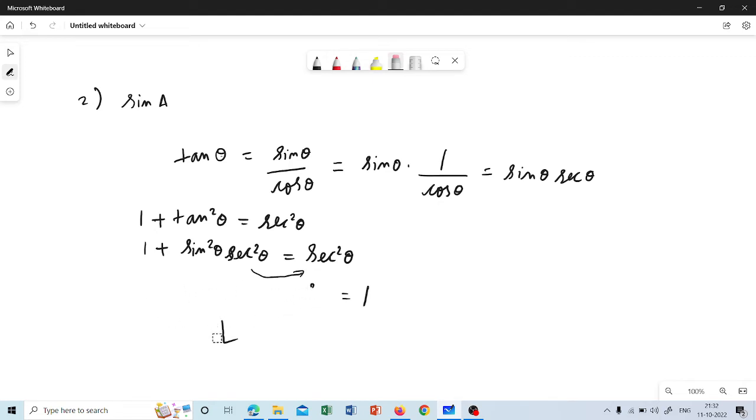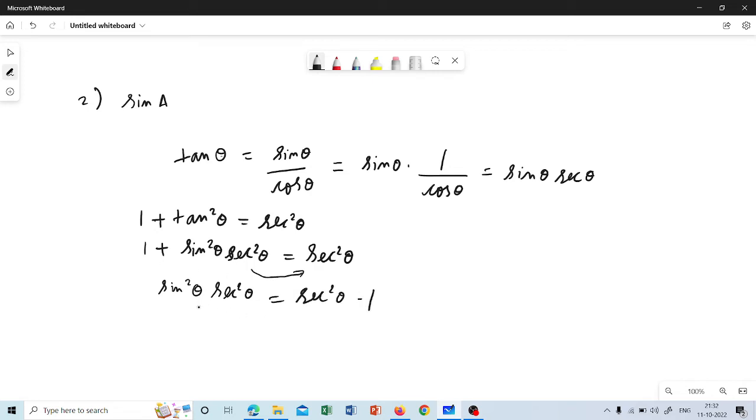So I have to take 1 to that side. If I take 1 to that side, what will happen? So this will be sine square theta into secant square theta is equal to secant square theta minus 1.